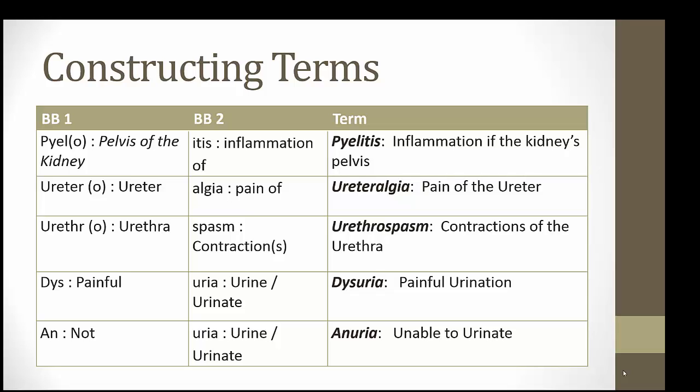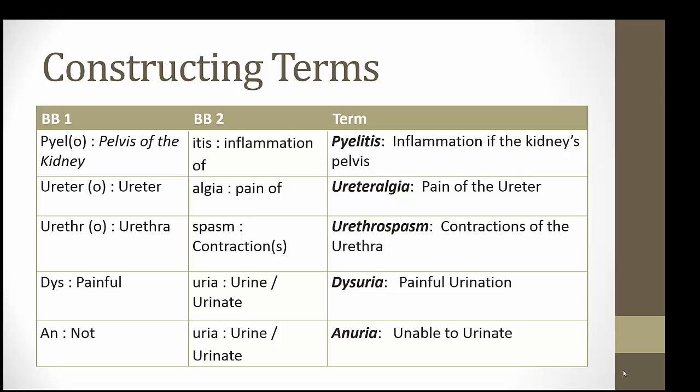Next, we'll look at the prefix dys, meaning difficulty of or painful, and combine that with the suffix uria, meaning urine or to urinate, and we have a new very common term, dysuria, which means painful urination.